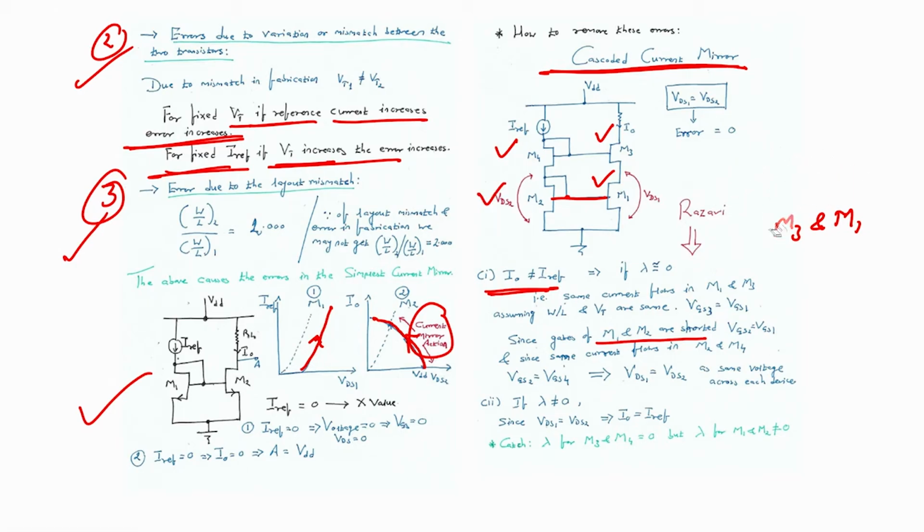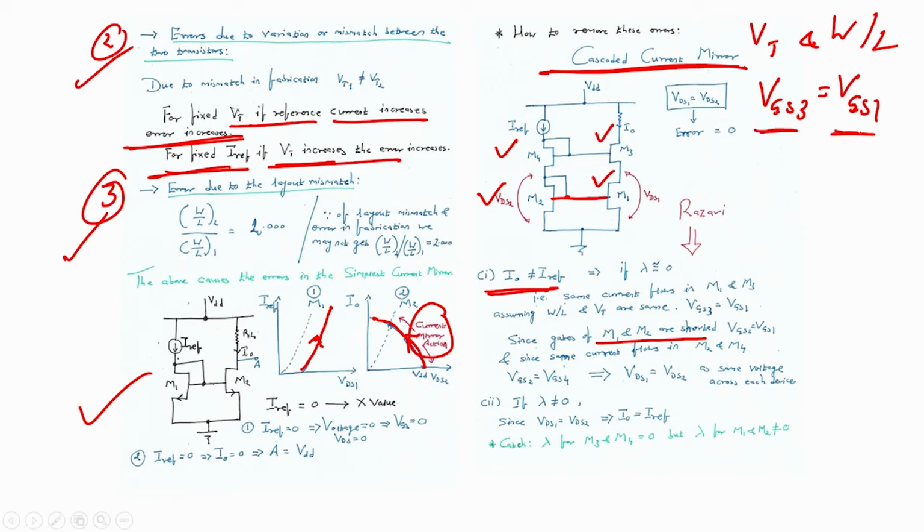So, first, when VT equals VT and W by L are the same, VGS3 equals VGS1.